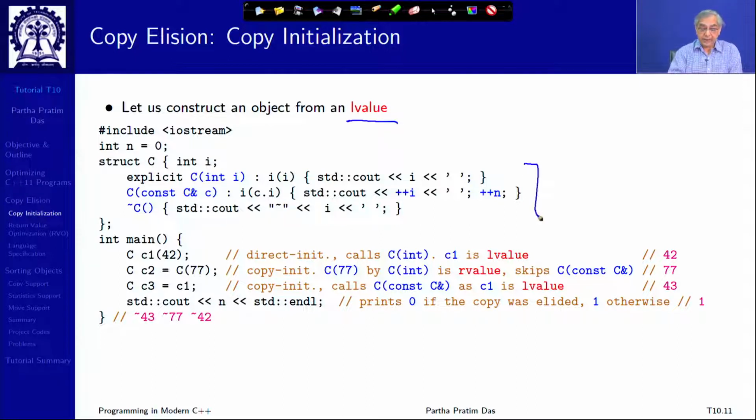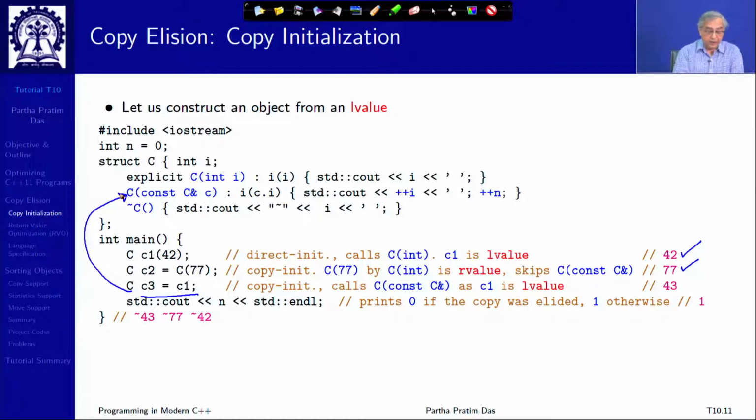So, these remain the same, but I add a third initialization for an instance C3 from C1, where you can see C1 is an L value, whereas this one is an R value. Now, you see something interesting. It does as before, this also does as before, but as you try to construct C3 from C1, which is an L value, it actually invokes the copy constructor.